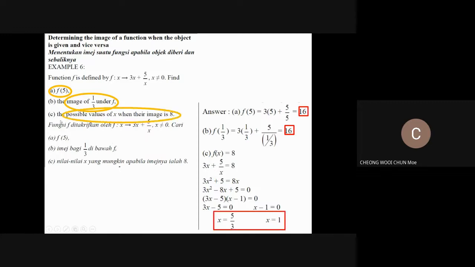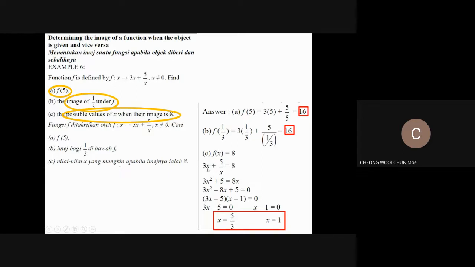So for the C, the possible value of x when the image is 8. So when the image is 8, it means this one equals 8. Find the value of x. So 3x plus 5 over x equals 8. Because this x is at the bottom, I need to make it all on top.